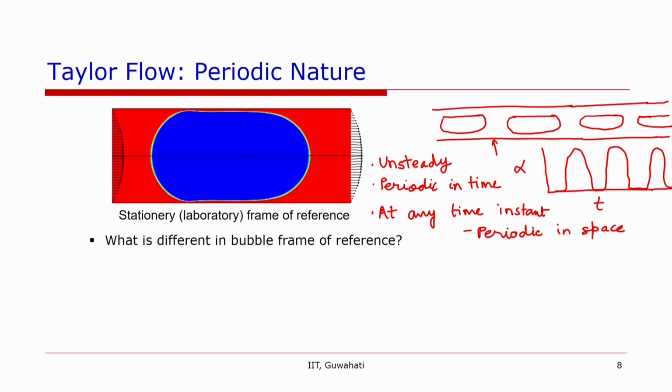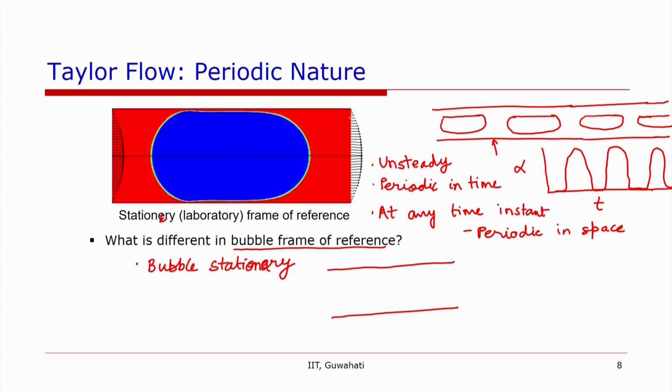Now, what if we are sitting on the bubble? If we change the frame of reference to the bubble frame of reference, then the first thing is that you will have the bubble stationary. When the bubble is stationary, you are looking at a different picture.